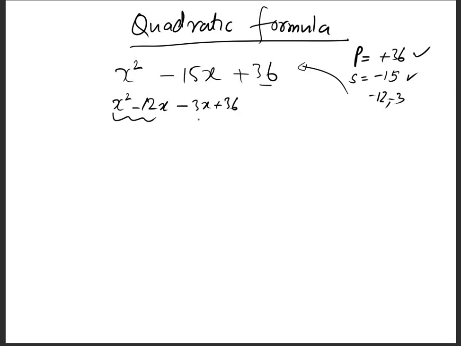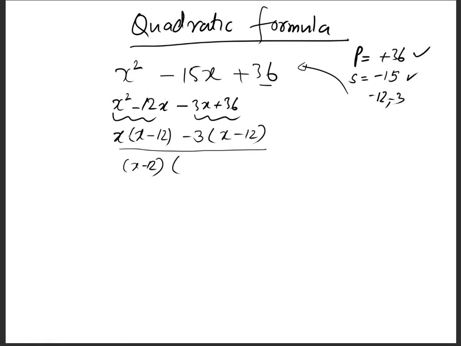And then I take the pairs here and I'm factorizing the pairs now. So the common factor between x squared and negative 12x is an x. So what's left inside the bracket is an x minus 12. And then in these two terms, the common factor is a negative 3, and inside you get an x minus 12.